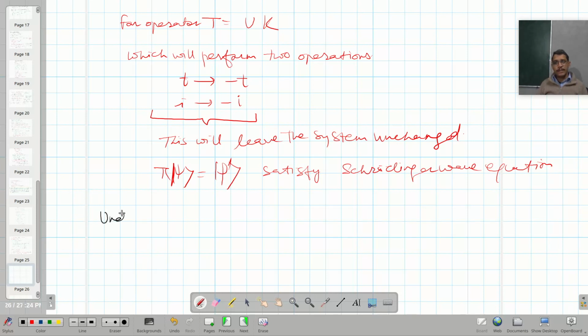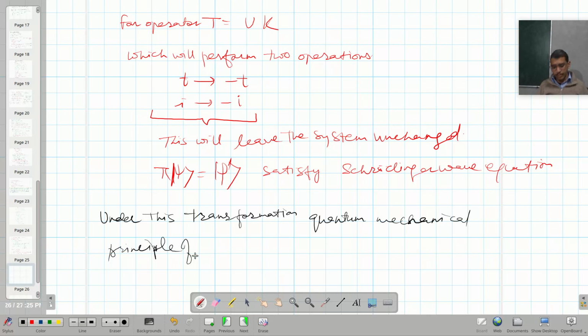Under this transformation, the quantum mechanical principle of microscopic reversibility probability holds, right?